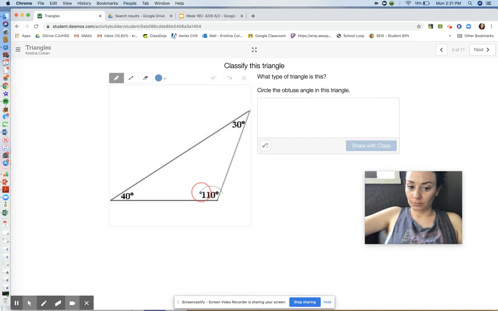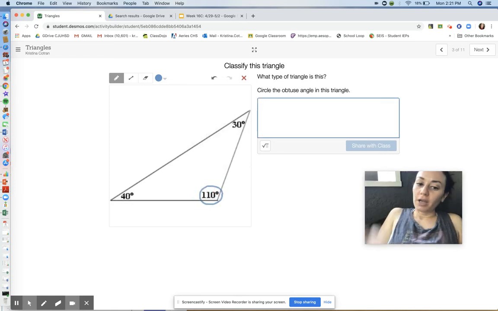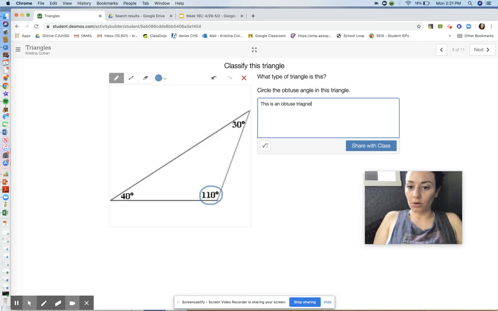Boom, we circled it. So what type of triangle is this? If there's one obtuse angle, this is an obtuse triangle, because one of the angles is greater than 90 degrees.